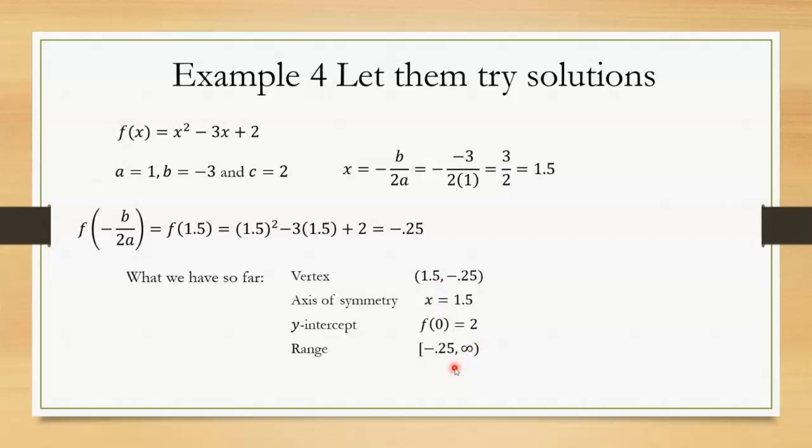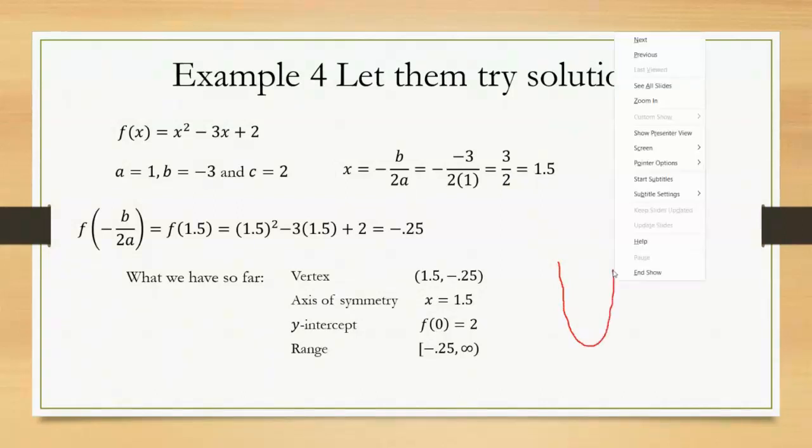Okay, so that's good. Well, let's get the x-intercepts. Actually, let me do this, that's what I've done in the past. You can actually make a rough sketch of the graph already. You know it's going to open upward, like so, where the vertex will be at the very bottom here.